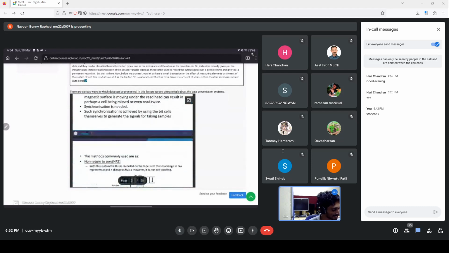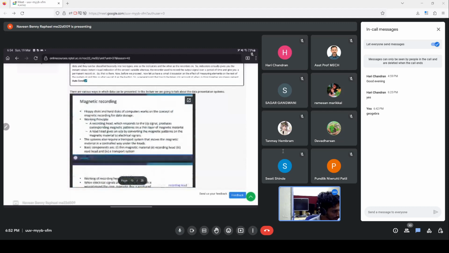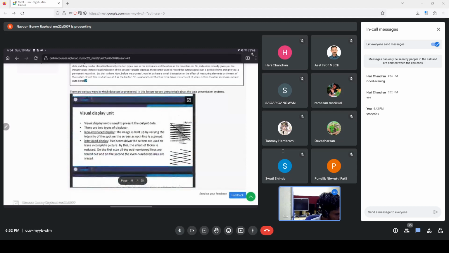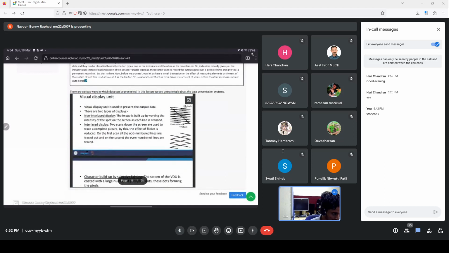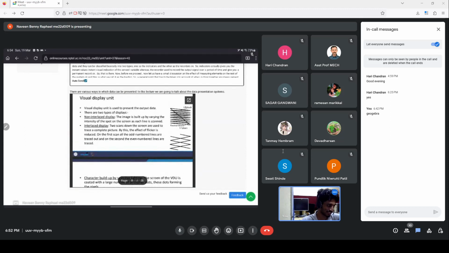Explain the VDU, or visual display unit, a little bit. It's a bit confusing, the methodology of the X factor and Y factor.